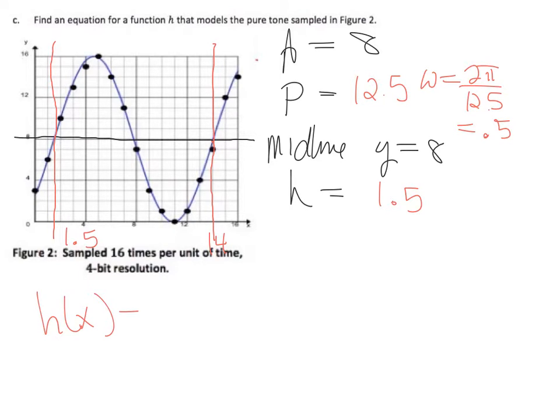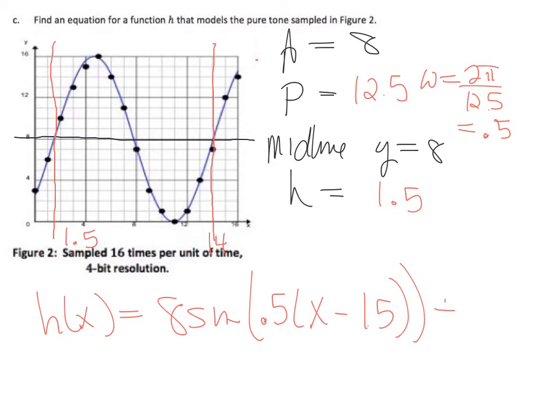H of x equals amplitude, sine, our omega is 0.5, x minus 1.5, plus 8. Now, really quick, in the book, they're always giving us our equations like this, which used to throw me off. They multiply that omega through.